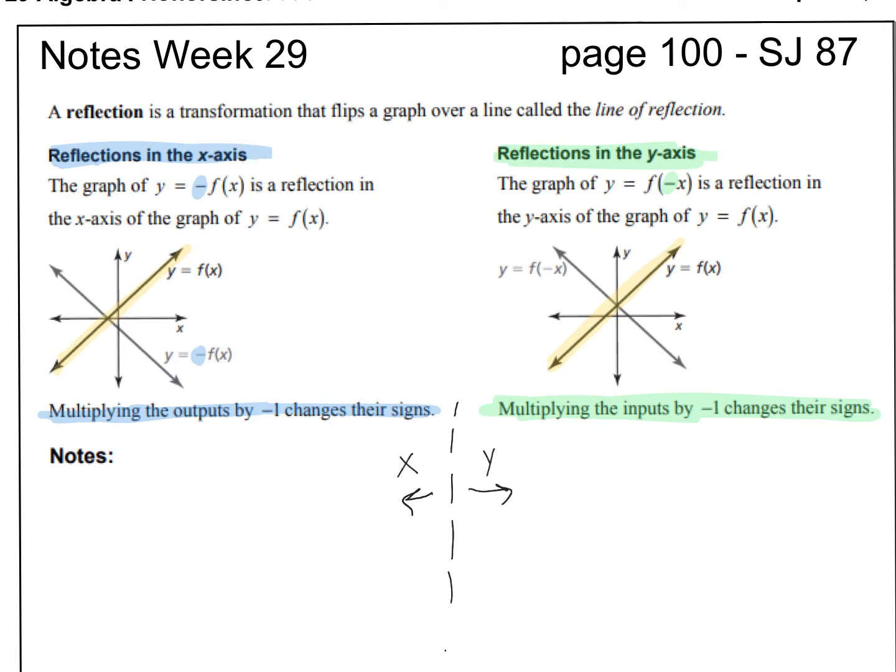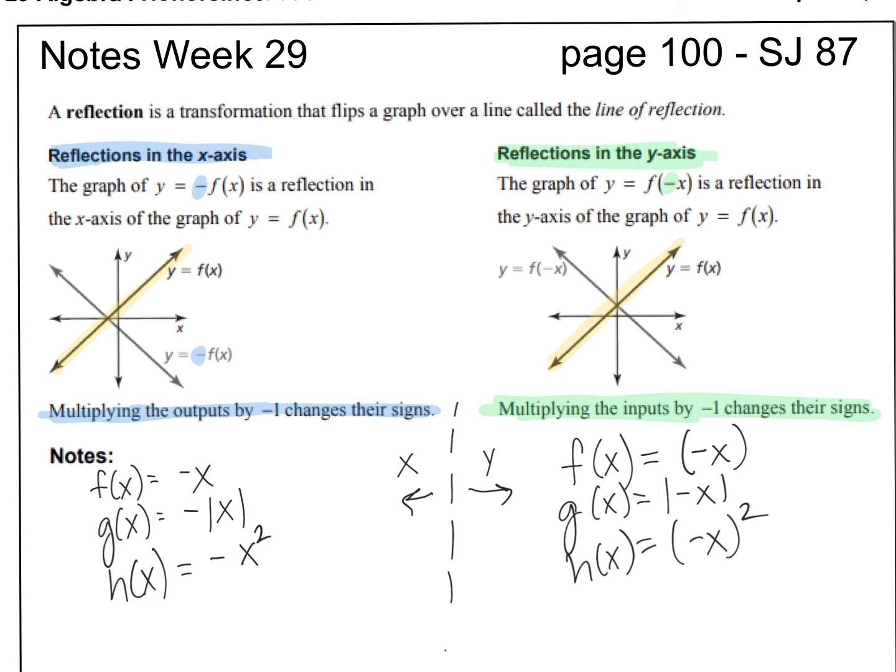A reflection in the x. I had to pause for a moment. You can see I had these equations to write down, so I went ahead and wrote those down so it would be faster. A reflection in the x, the negative sign is on the outside of x.